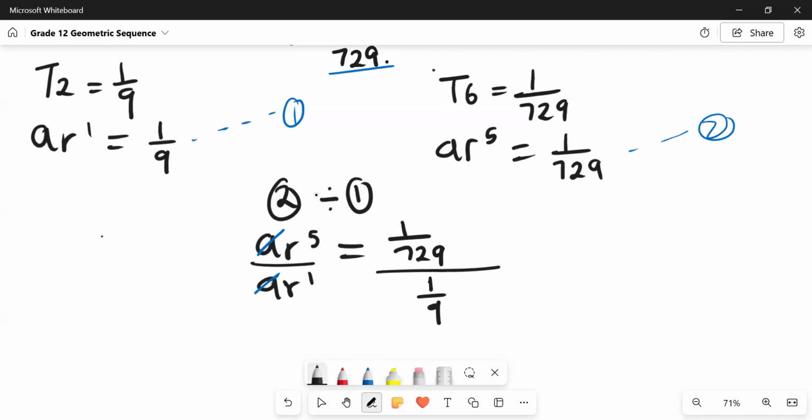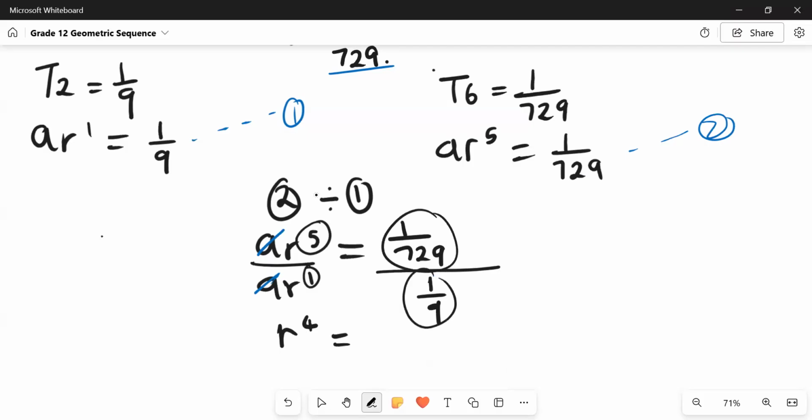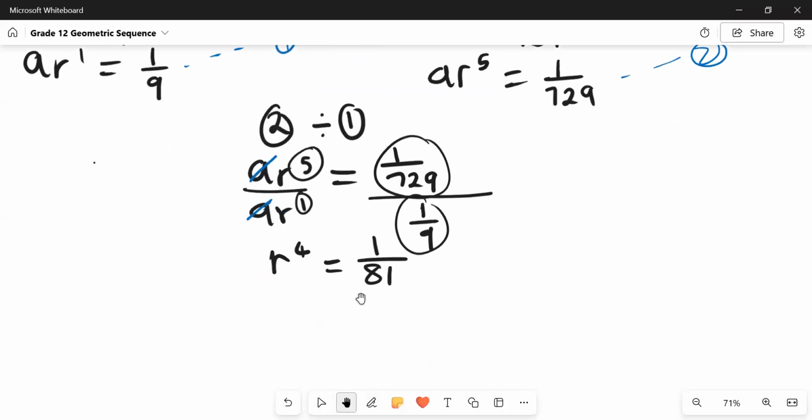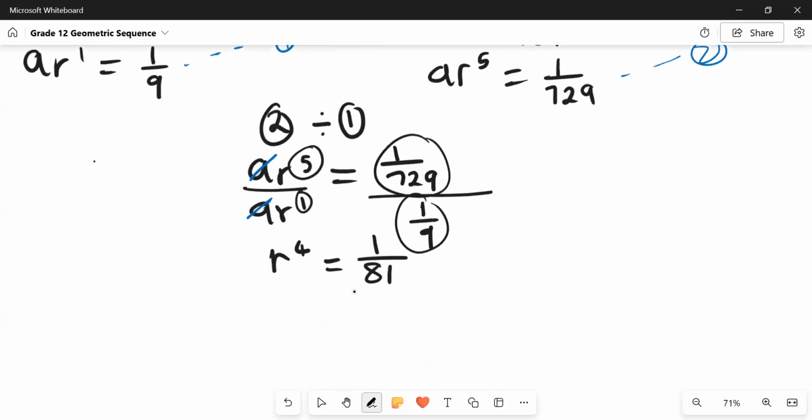When you divide the same bases, you subtract the exponents. So 5 minus 1, that's 4. So this is r to the power 4 equals, now we divide these two. You can just use your calculator and you will end up getting 1 over 81, right? And then from here, again, you can use your calculator or you can change this into r to the power 4, which is equal to 1 over 3 to the power of 4.